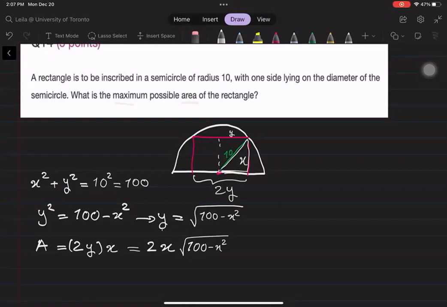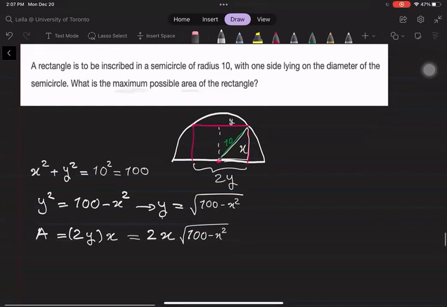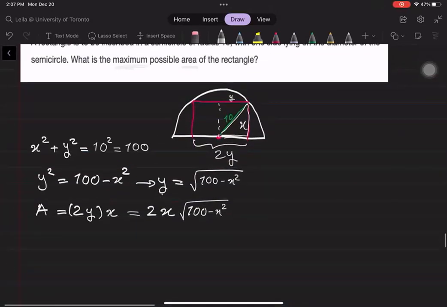Now remember that when we look for a maximum point, which is like critical points of your graph, you want to take the first derivative and then check with your second derivative test, right? So it's the points where your derivative doesn't exist or is 0. So here, take the derivative of this.